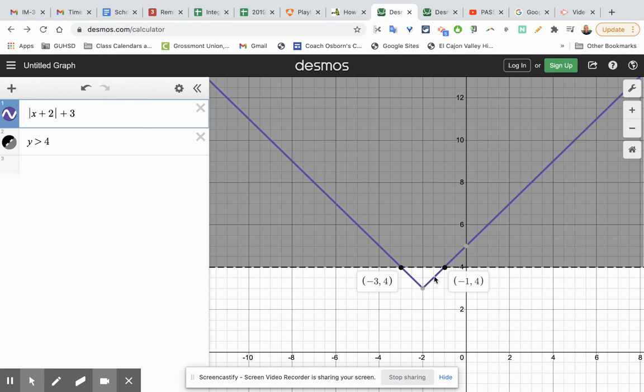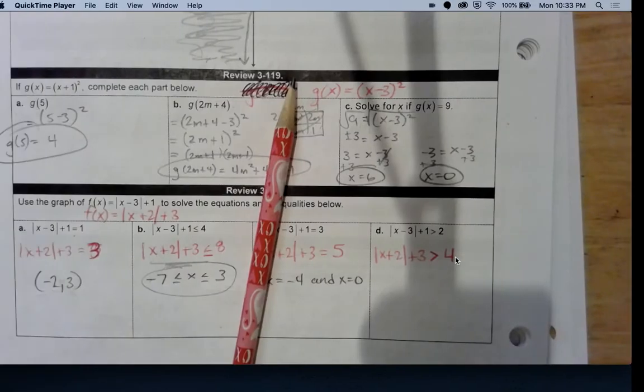Or right here, which is like -1.5. Over here is -2.5. Anywhere in between the -3 and the -1 will not work. It will not be greater than 4. So that means that x has to be either less than -3 or greater than -1. Let me show you how to write that.